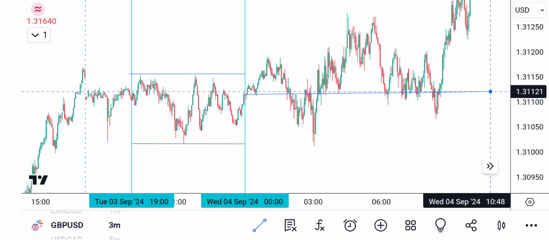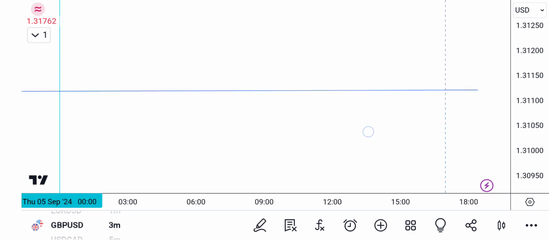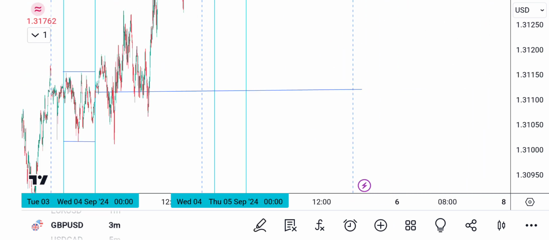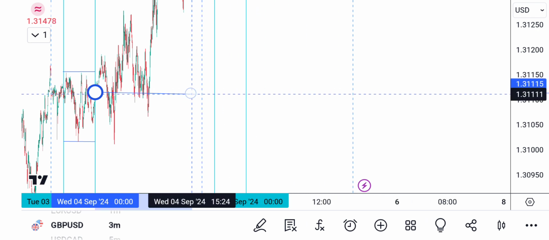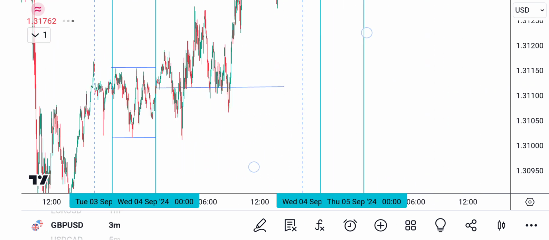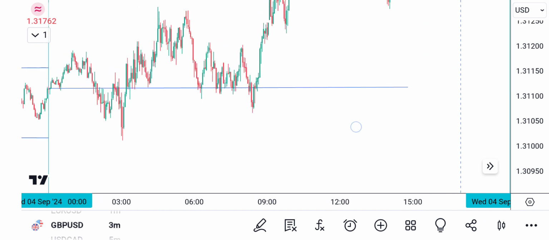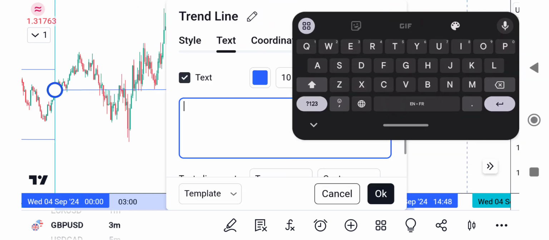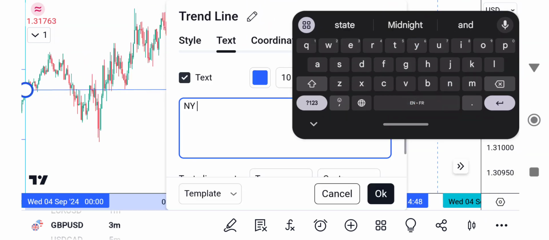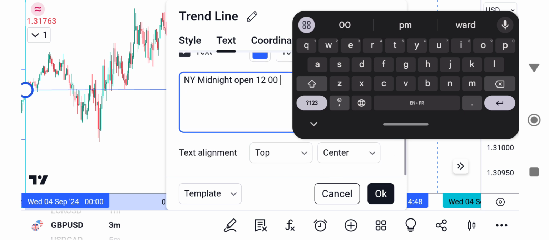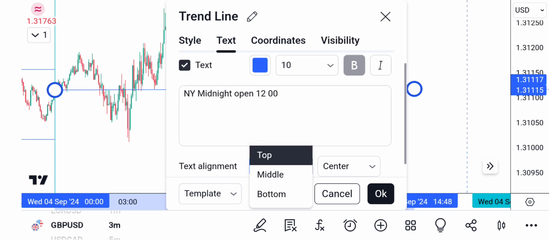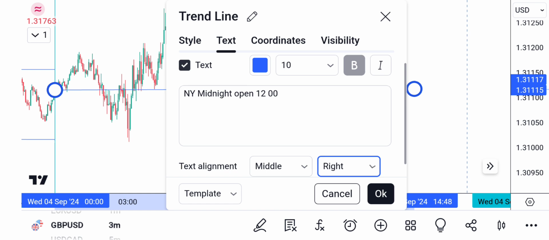Okay, and we are going to label it the midnight opening price. We are going to label it the New York midnight open, which is 12:00. We are going to put it in the middle and then right, like this.